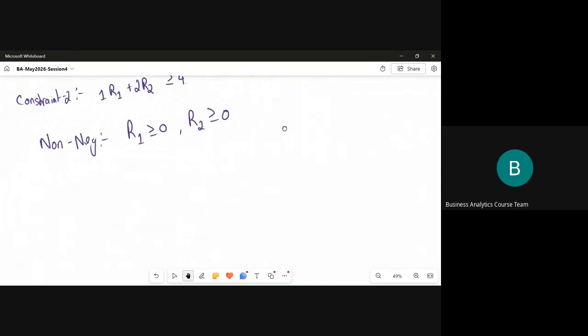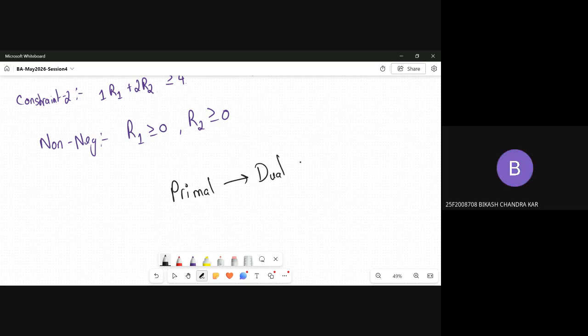And the most interesting thing here is, you have the primal. You can convert it to a dual, and when you convert the dual of the dual, it is basically the primal again, right?